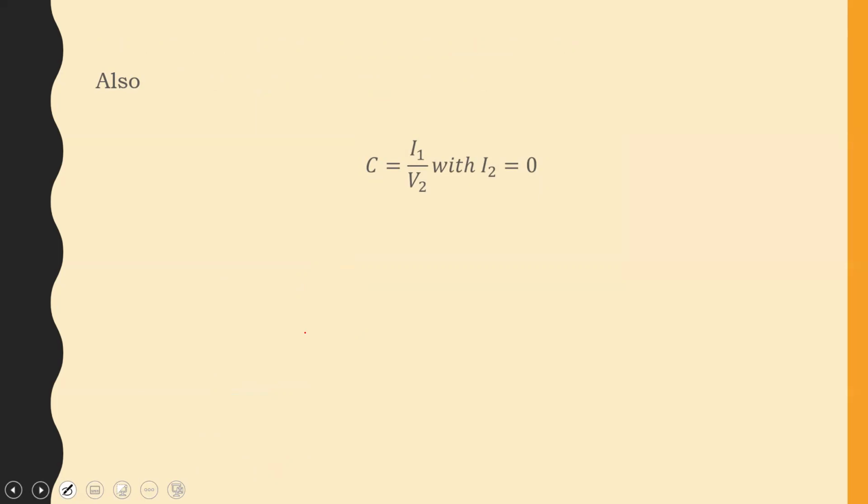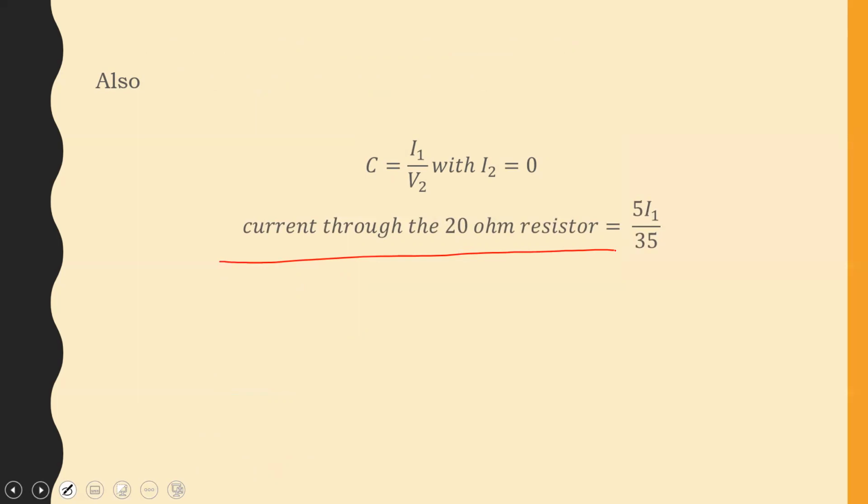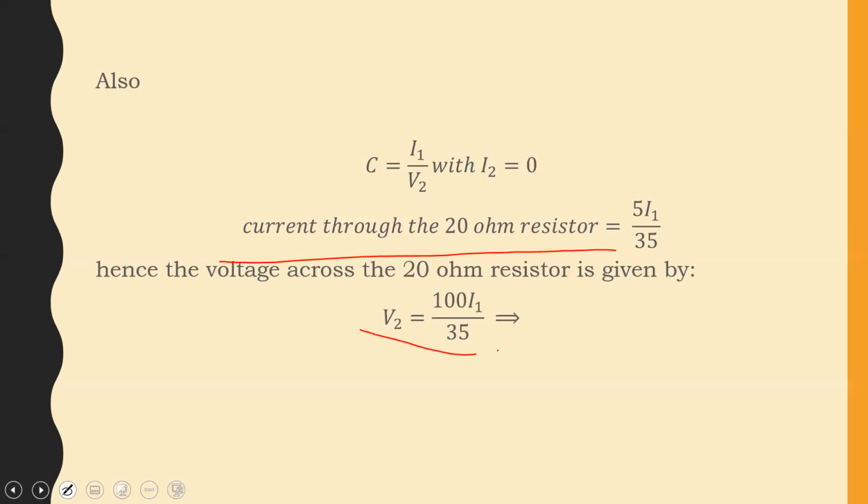For this one, it takes a little more thought, but just as simple. We want the current through the 20 ohm. If I multiply that by 20, I'd have the voltage across the 20 ohm. So I now have a relationship between V2 and I1. What I want is I1 over V2, so we rearrange and we get 35 over 100. And that is C.